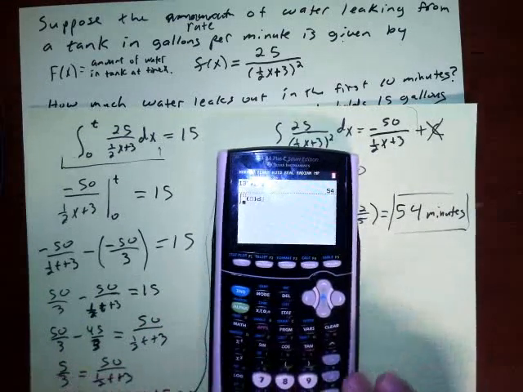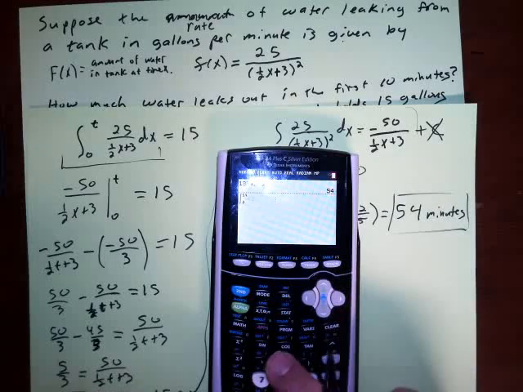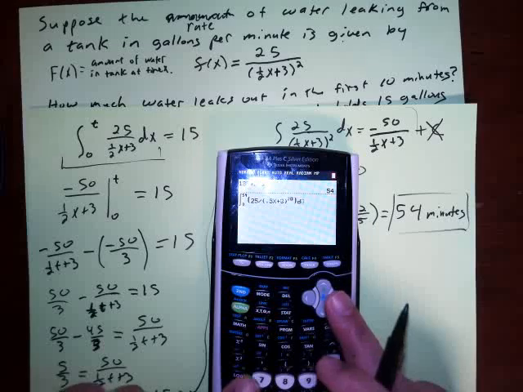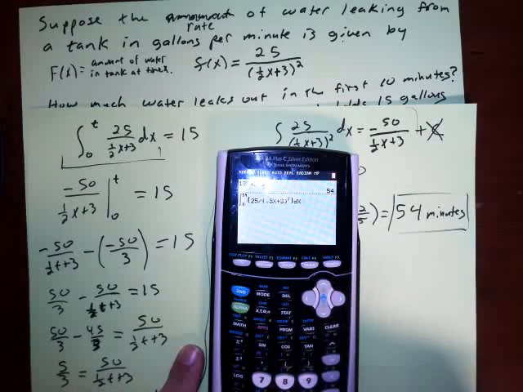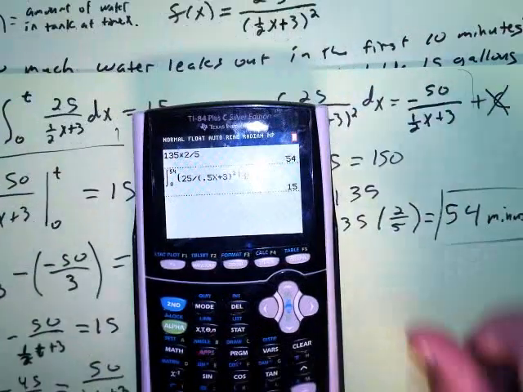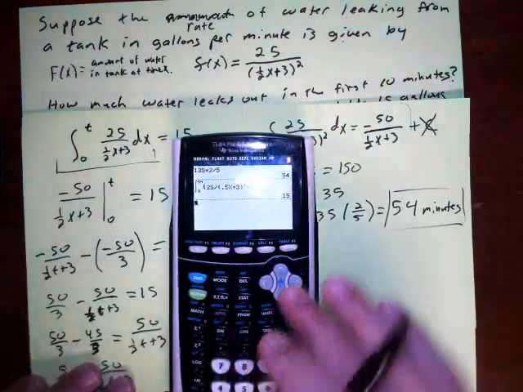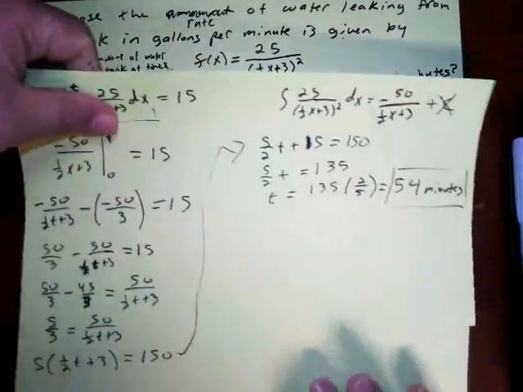I'll do the integral from 0 to 54 of 25 divided by (0.5x plus 3) squared, with respect to x, and then hopefully this equals 15, and it does. It equals 15. So that's how long it would take for all of the water to leak out, okay?